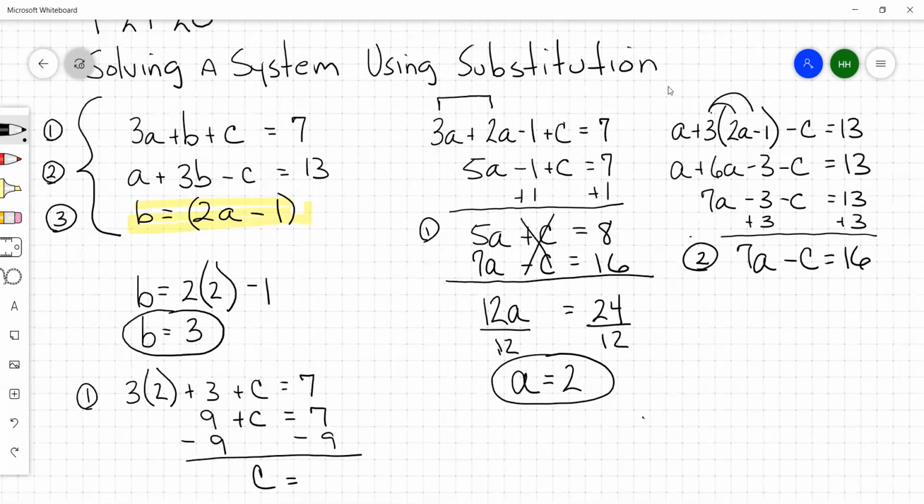And our c equals negative 2. So our solution for this system, alphabetically, is 2, 3, negative 2.